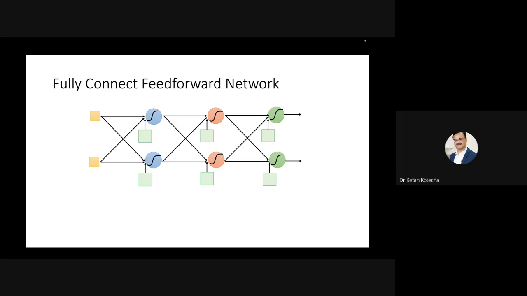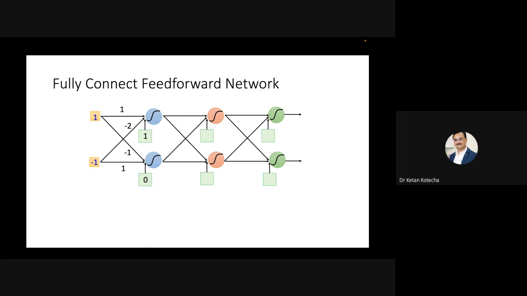This is one example of a network which is fully connected, which we call a feed forward network. And why is it feed forward? Because here you give two inputs, maybe two features, for example, maybe two wheels and a handle of a bike. Those are the two features, and these are initially random weights.